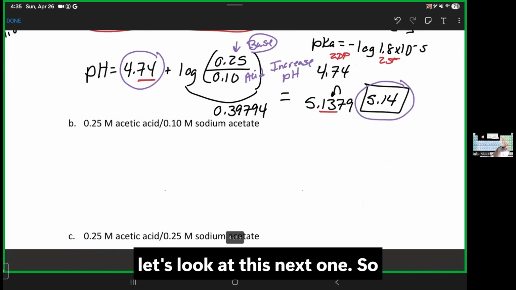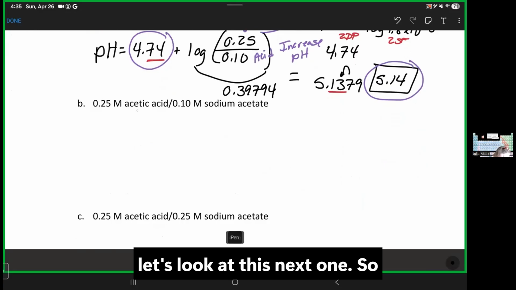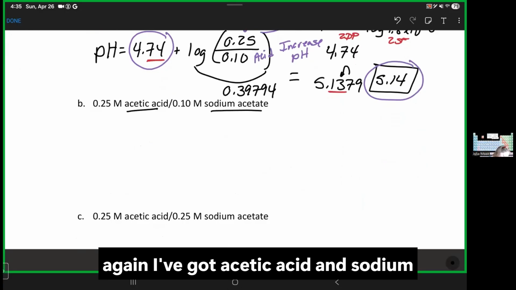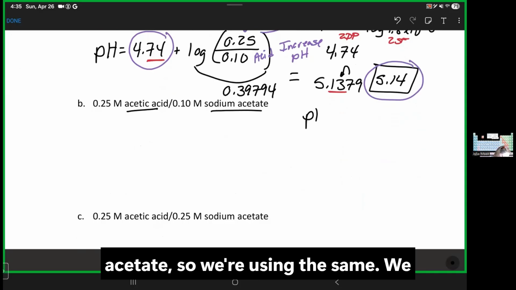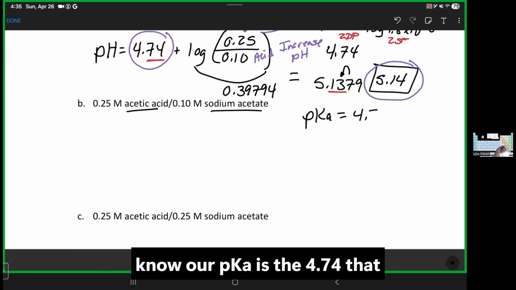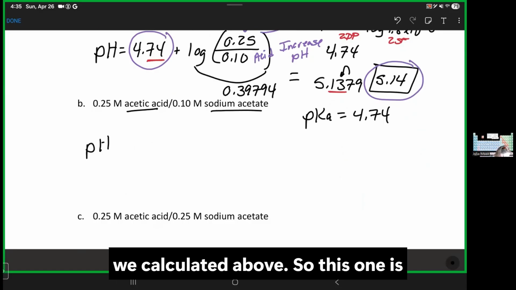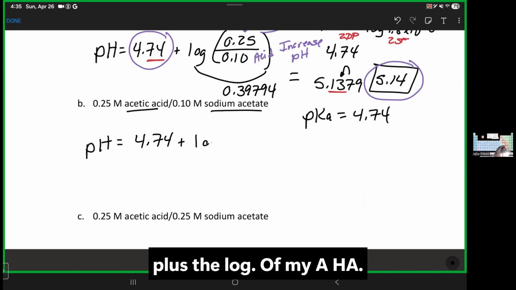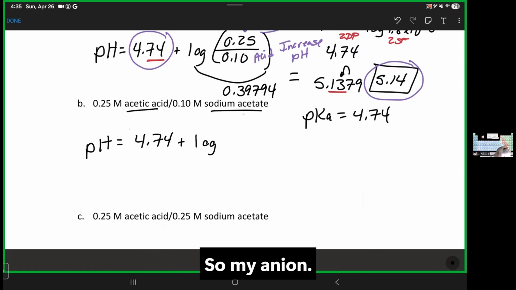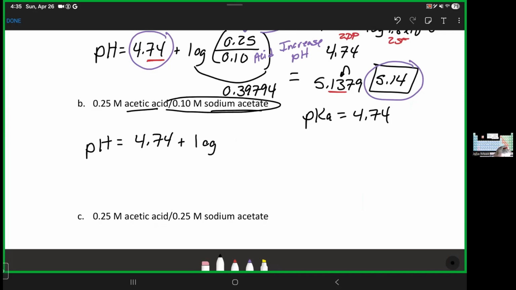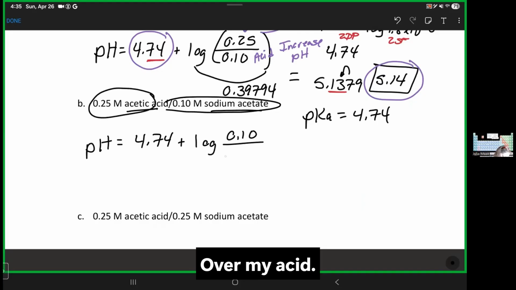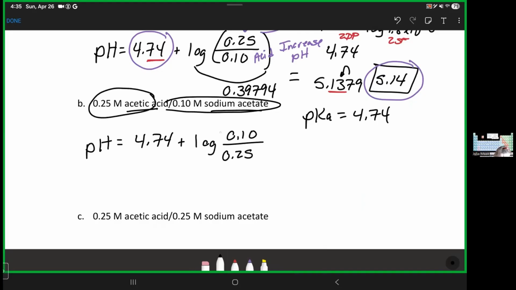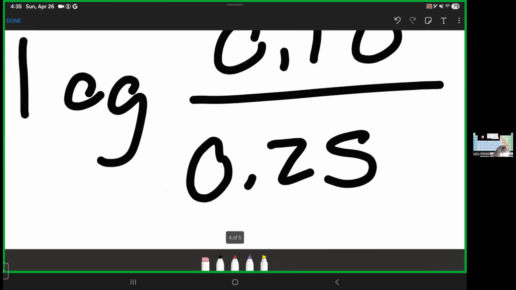Okay, so let's look at this next one. So again, I've got acetic acid and sodium acetate. So we're using the same. We know our pKa is the 4.74 that we calculated above. So this one is going to be my pH equals 4.74 plus the log of my A-minus, so my anion, over my acid.